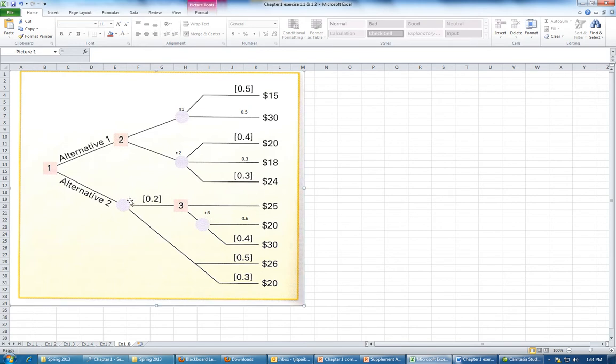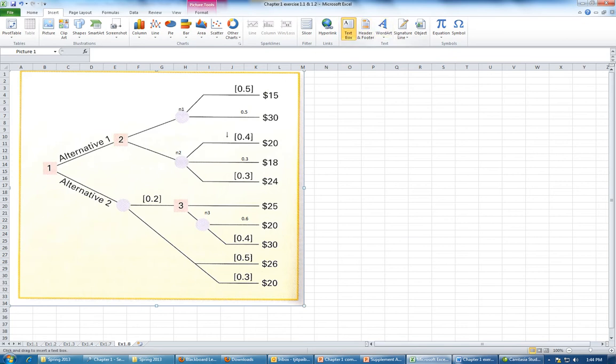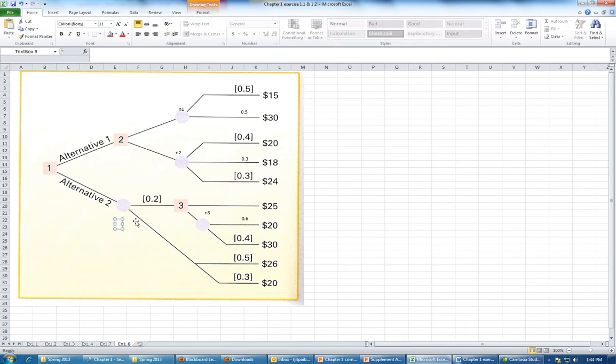And the last one we're going to call node number 4, which is this one. Now we can enlarge it a little bit so it is easily seen.